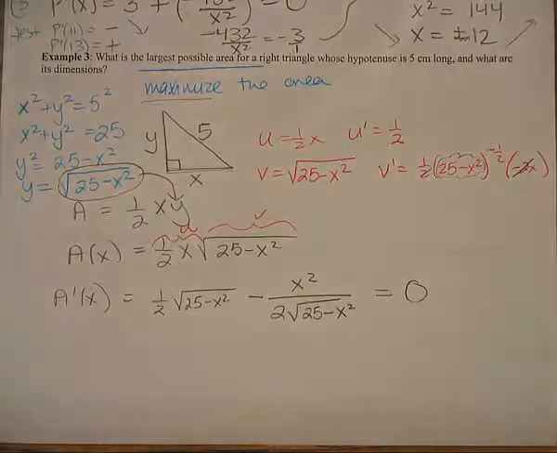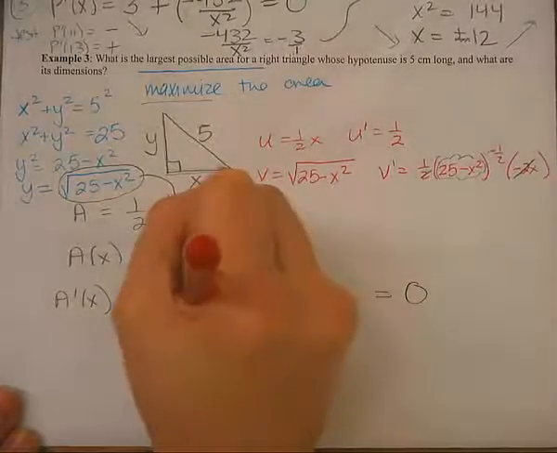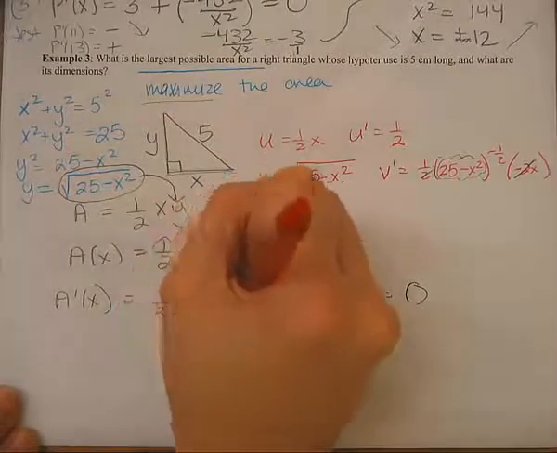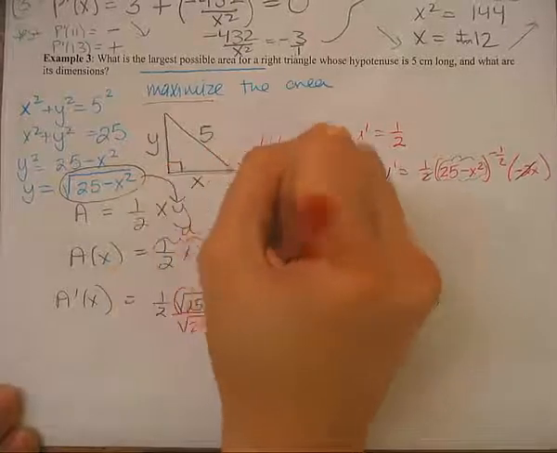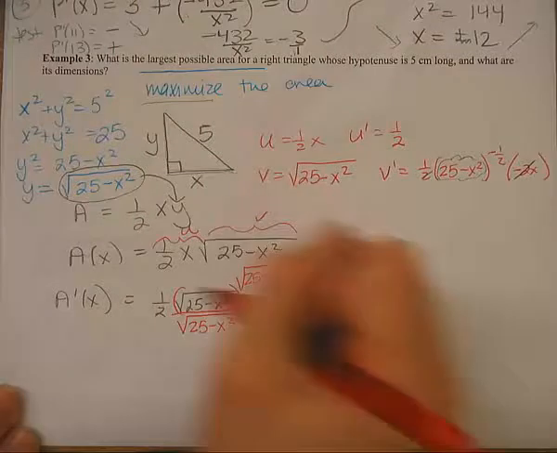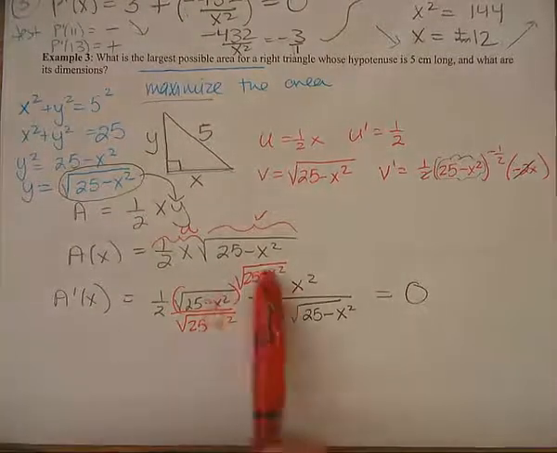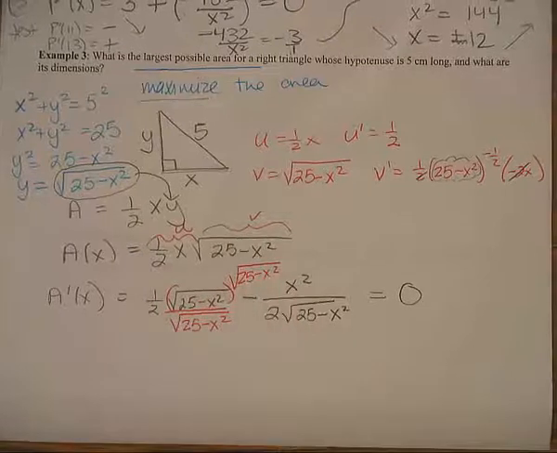Now, it's going to be much easier to set this expression equal to 0 if I can combine it as one fraction. So what I want to do here is create a common denominator. So I'm going to multiply the top and the bottom of this fraction by the square root of 25 minus x squared. I don't need to worry about this 2 because this already has a 2 in the denominator. When you multiply these two square roots together, they cancel out.